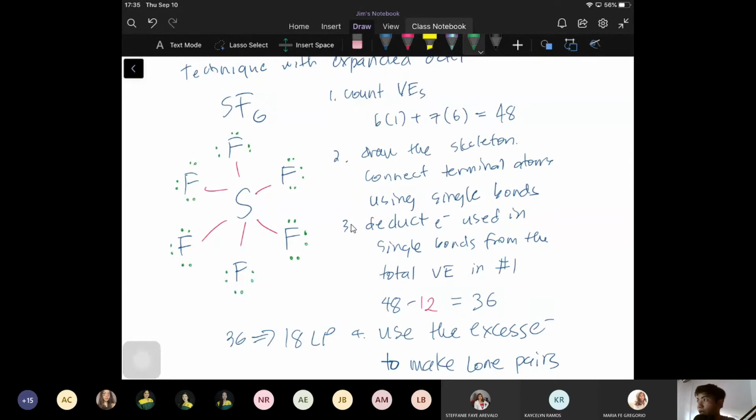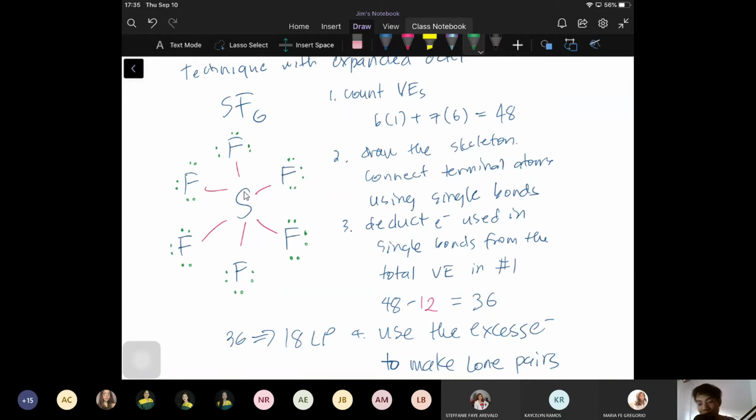Then after that, you count how many electrons are used to create single bonds and you deduct it dito sa number 1. So that's 48 minus 12, 36. So ano gagawin sa excess electrons? Use them to make lone pairs. Divide mo lang sa 2, you will have 18 lone pairs. Then distribute mo siya sa terminal atoms. Sir, paano kapag sumobra?